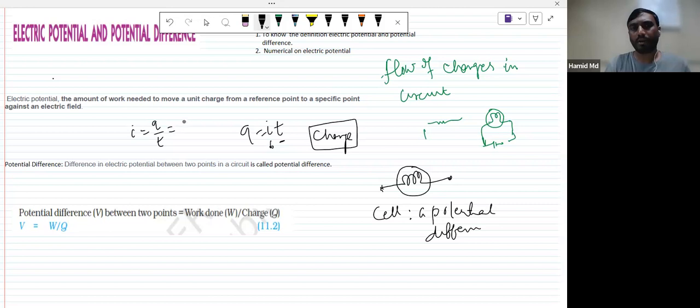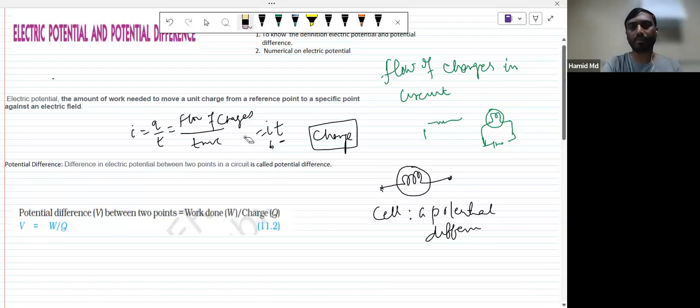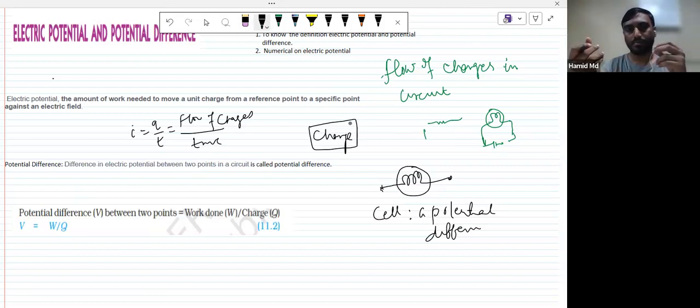Current is flow of charges per unit time, right? But I'm asking some basic question, simpler than this. How does charge get into the picture? How do electrons get into the picture?